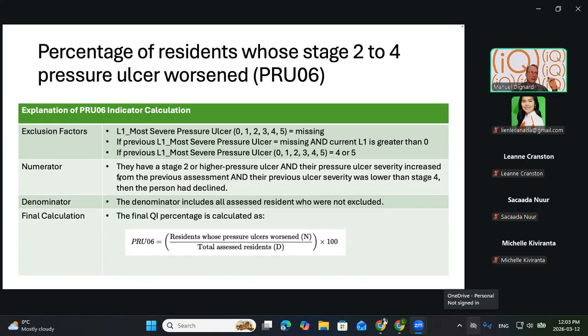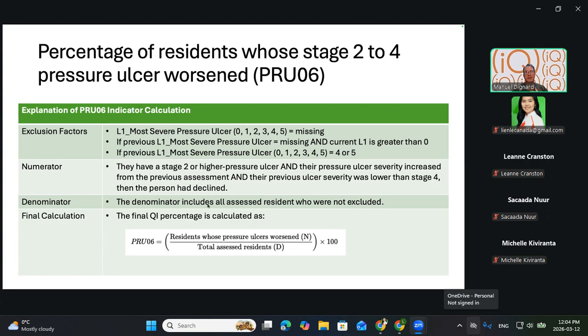Sorry, yeah. Previously, you had a stage 2 or 3. So we're looking for a stage 2 or 3 that got worse. They have a stage 2 or higher right now, and the pressure severity has increased from the previous assessment. And the previous ulcer was lower than stage 4, because if they're stage 4, then they're excluded, right?